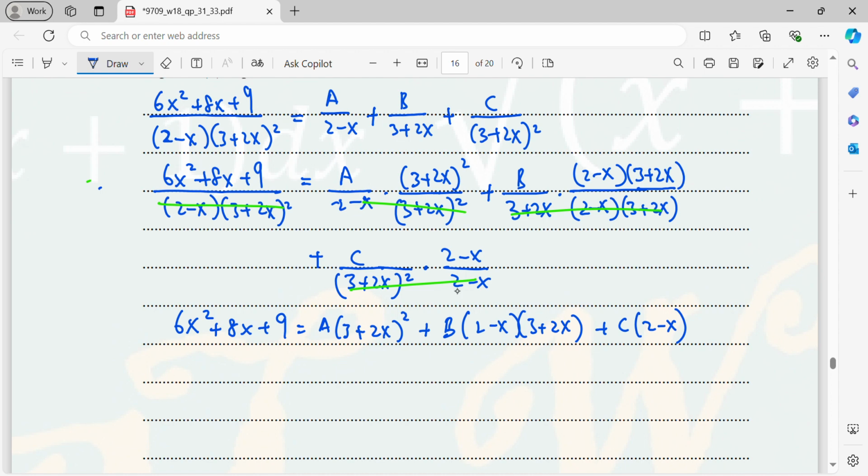Then from here, to get the unknowns, let the factors be 0. So I will let 3 plus 2x be 0. That means now your x is going to be negative 3 over 2. So just replace the x in this equation.